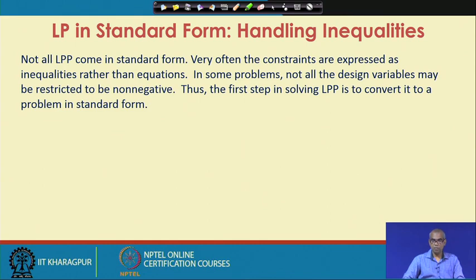So, the first step in solving a linear programming problem is to convert it to a problem in standard form, and in standard form we will express the linear programming problem, let us say as a minimization problem or maybe a maximization problem. We will have all the constraints as equations, and the right hand side of all these equations will be non-negative.